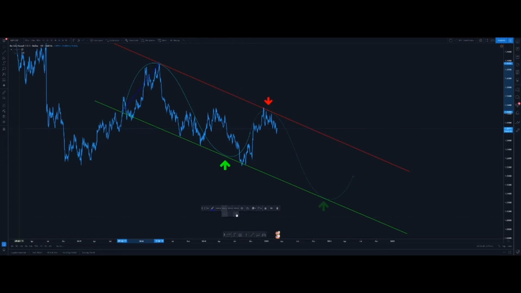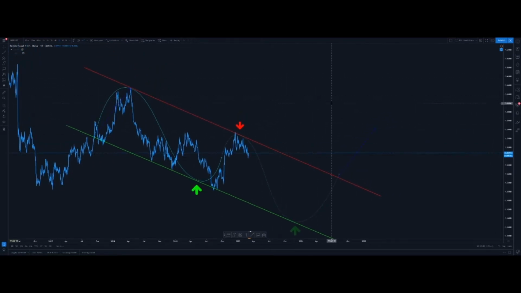Let's make it dashed, and then we copy paste this at the approximate or estimated breakout point. Let's say there. It's a really rough estimation, by the way, but it should be something like that.